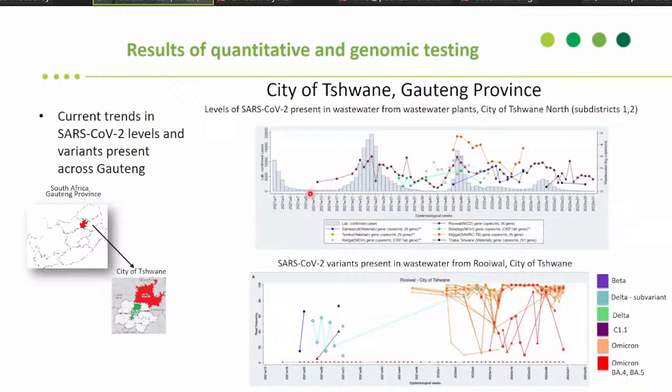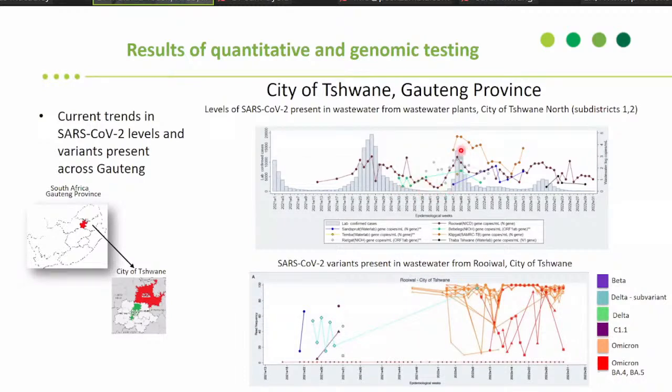As you can see here, before the third wave, the clinical cases were a little bit low, as were the copies per mL in the wastewater. But we see the increase of the copies per mL in the wastewater corresponded to the increase of the clinical cases. A similar thing happened during the interwave between the third and fourth waves, where the decrease in the wastewater treatment plant corresponded to the decrease in clinical isolates.